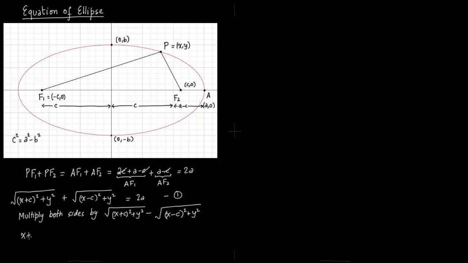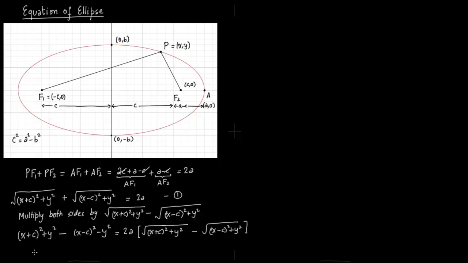So once you multiply, on the left hand side you will get x plus c whole square plus y square minus x minus c whole square minus y square, and the right hand side would be 2a times square root of x plus c whole square plus y square minus square root of x minus c whole square plus y square.